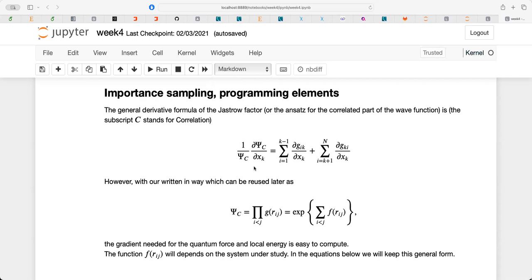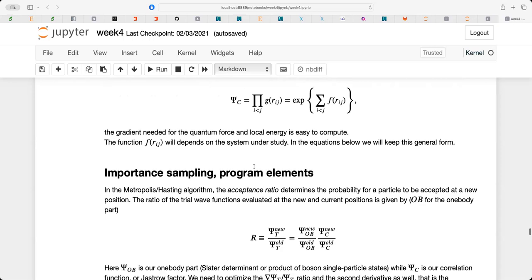So many of these trial wave functions are often expressed as exponentials. Or if you don't have that, you can express it the way you see here in this second equation. And that often facilitates the way you calculate these derivatives. So just keep in mind, these are small technicalities which are worth thinking of.